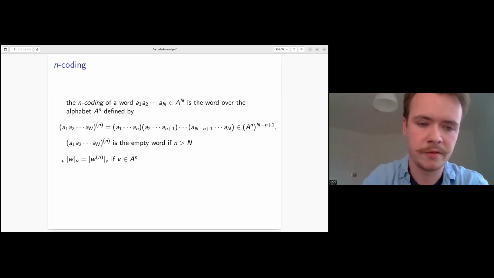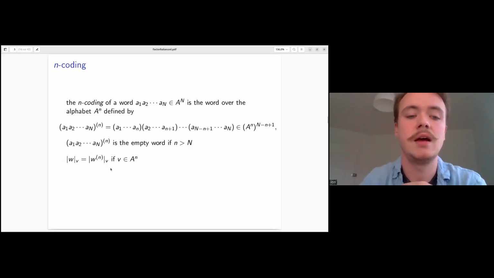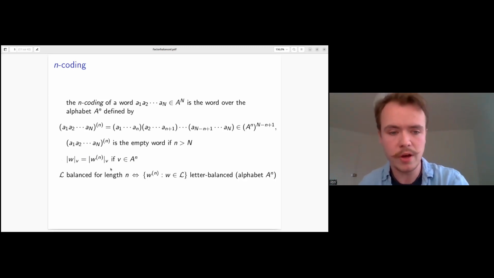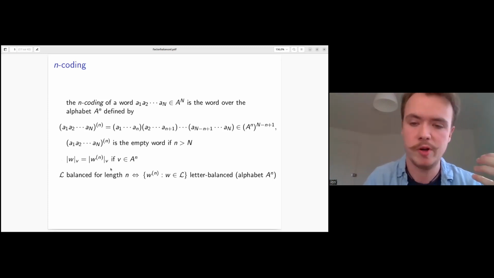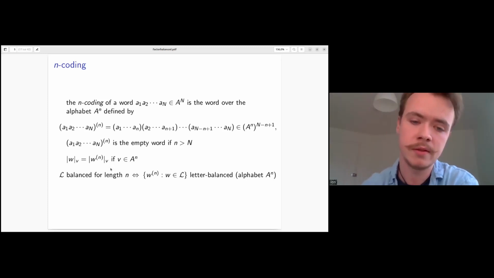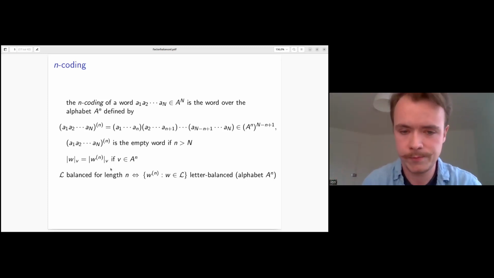And in that second formula, v is considered as a letter now of the alphabet A^n. And therefore, you have the equivalence between being balanced for length n for a certain language L and being letter balanced on the new alphabet A^n for the language of the encodings of the words of L.